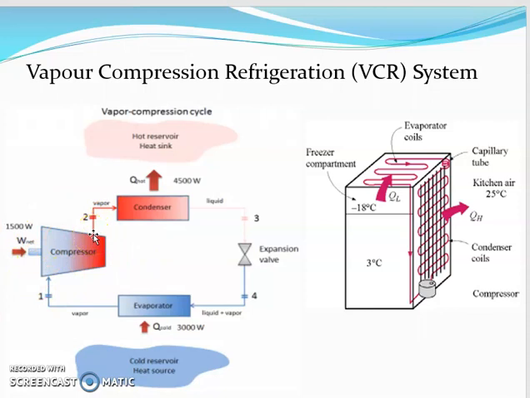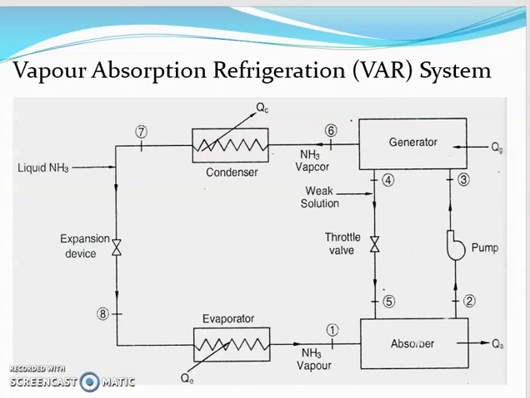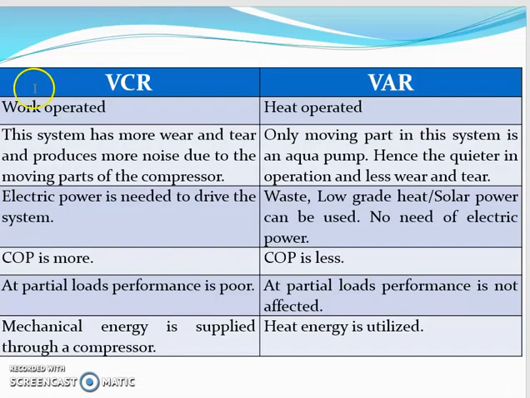So that is why VCR system is work operated, but VR system is basically heat operated. In case of VCR system, it has more wear and tear and produces more noise, as it has many more moving parts compared to VR system. In case of VR system, the only moving part is the aqua pump and it is quieter in operation and produces less wear and tear.